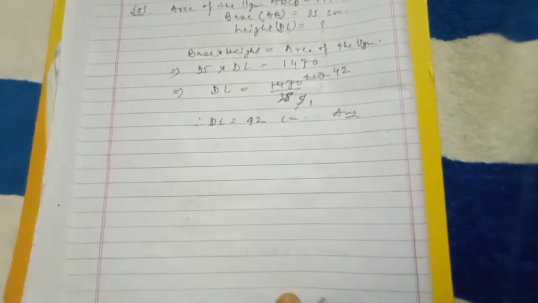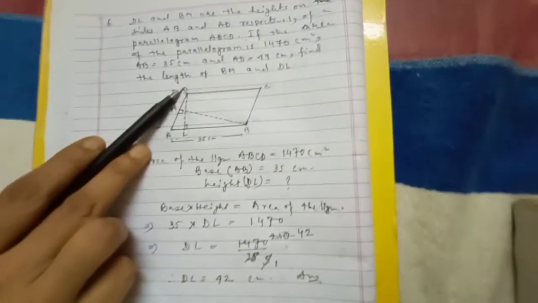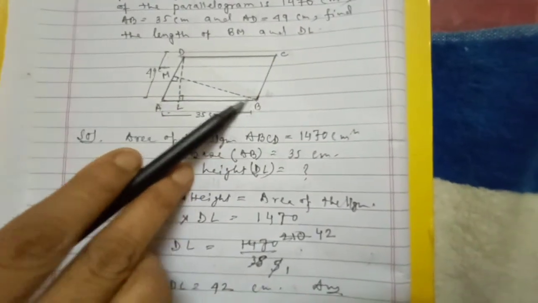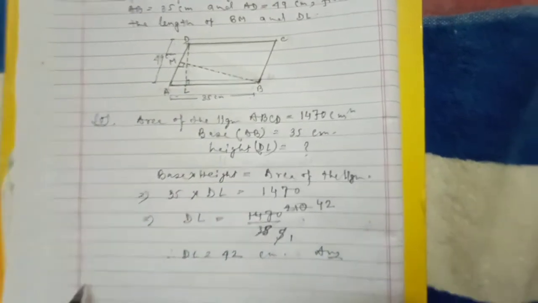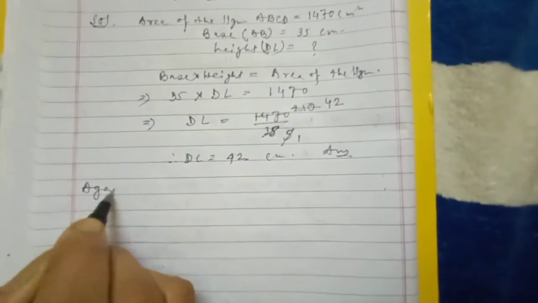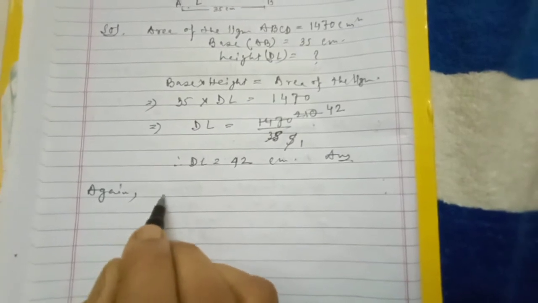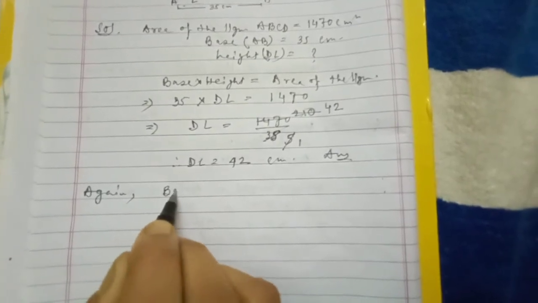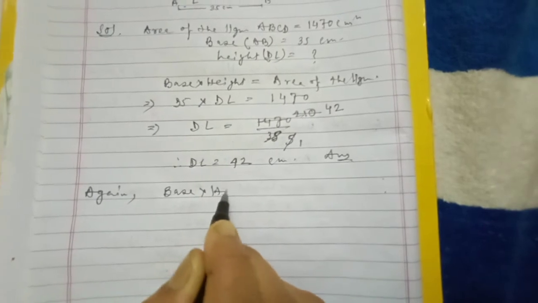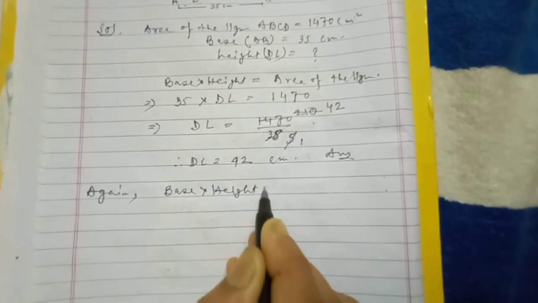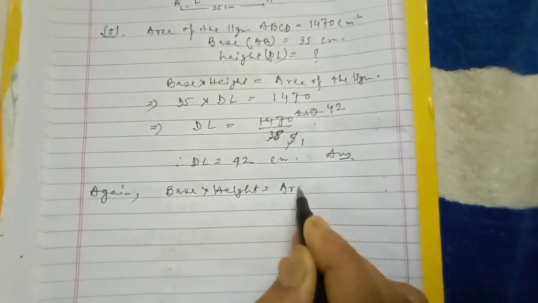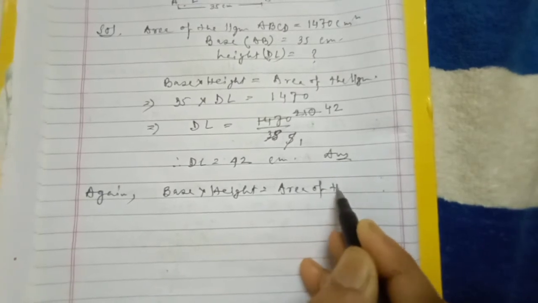42 centimeter. Next, when you are using this base and this height, again the same parallelogram, again base into height is equal to area of the parallelogram.